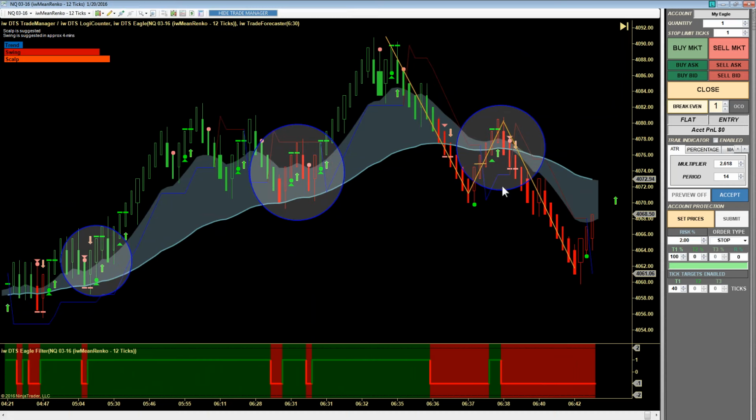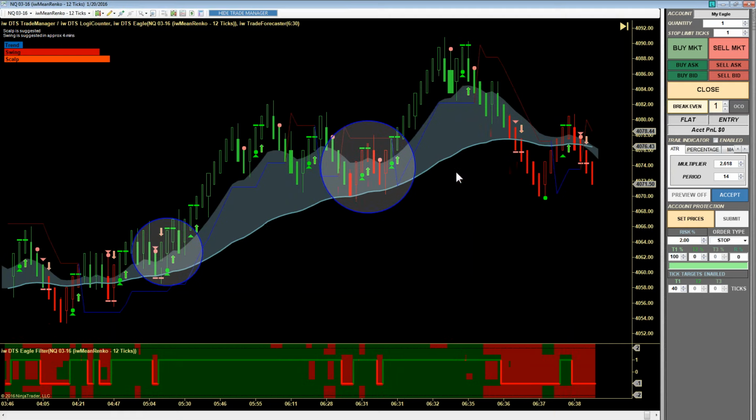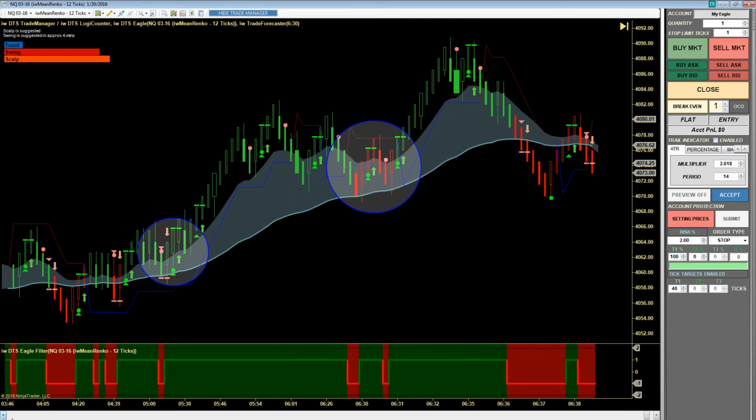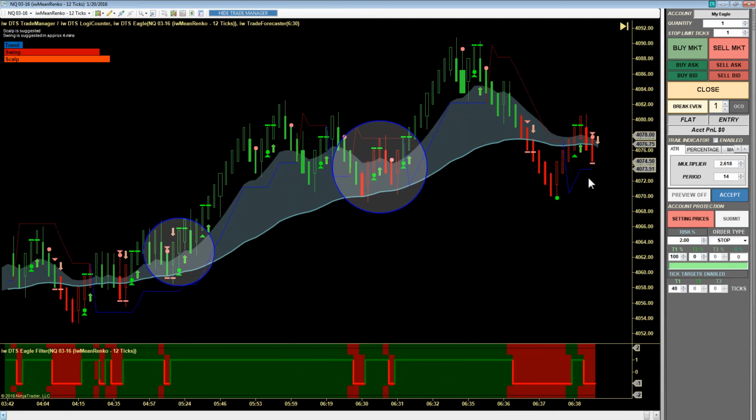Now, this is still a rule of three signal, even though we only have two signals against the hard edge. So we have this one and we have this one. I would have still shorted here, because it does have all the parameters of a rule of three.